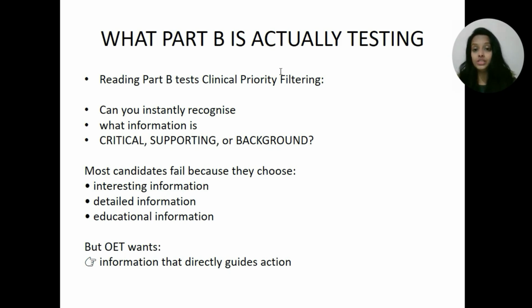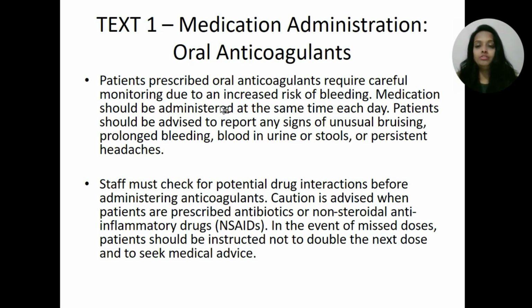Let's prove this using an example. So, here is the text: medication administration, oral anticoagulants. Patients prescribed oral anticoagulants require careful monitoring due to an increased risk of bleeding. Medication should be administered at the same time each day. Patients should be advised to report any signs of unusual bruising, prolonged bleeding, blood in urine or stools, or persistent headaches.